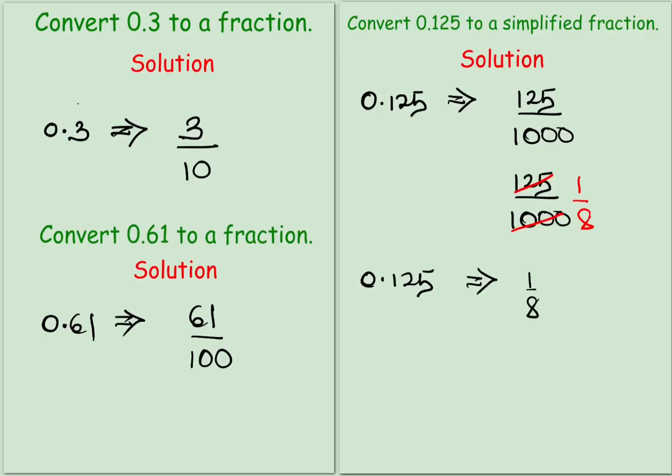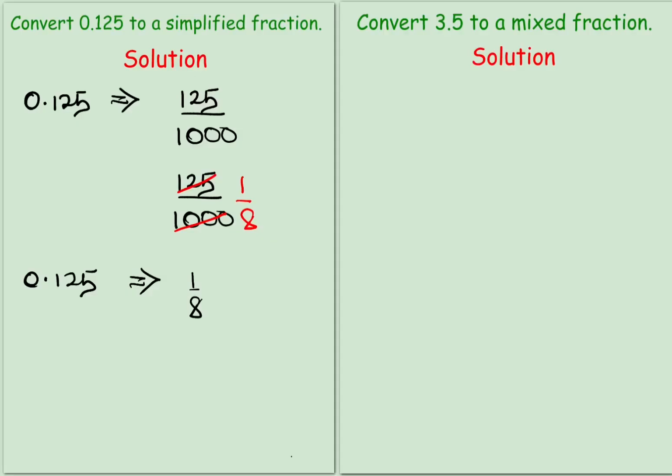As simple as that. With that said, what of converting mixed decimals? That is decimals with a whole number in front of them. For that, let's take this we have here as an example. So we have 3.5, and we would want to change this into a mixed fraction. This 3 you have here, this place value is what? Units or ones. You see?